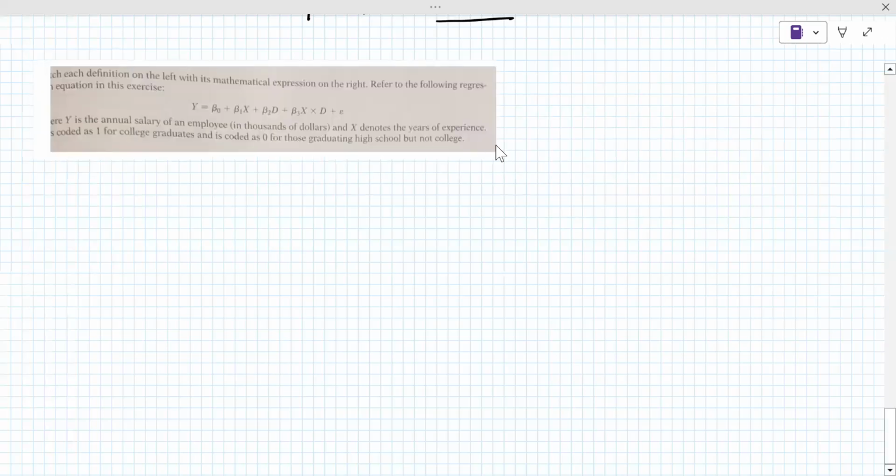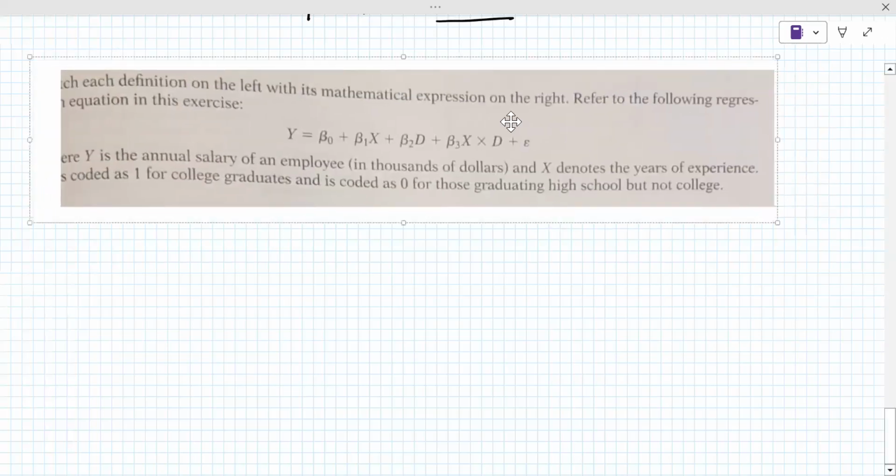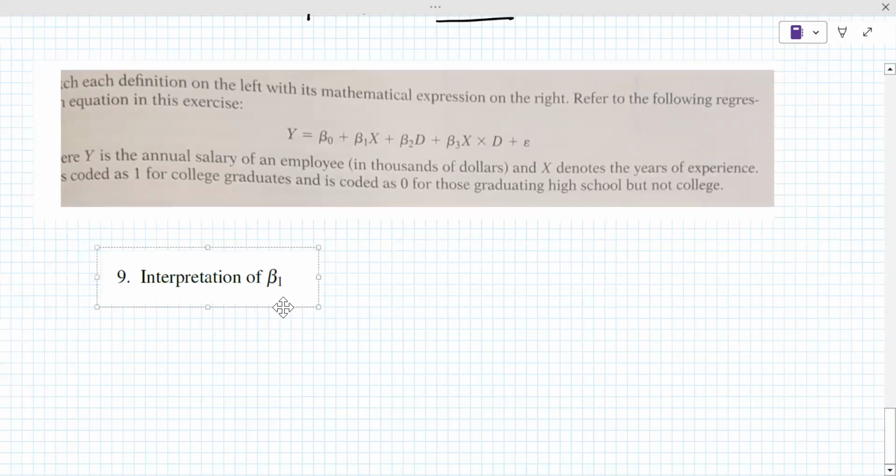This looks like it came from a textbook. Yeah, from class: B1 is the slope of the first model, with expected y given x as little x and d equal to 0.